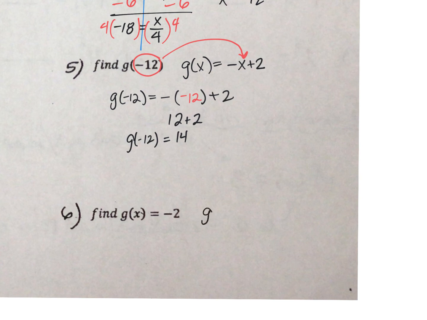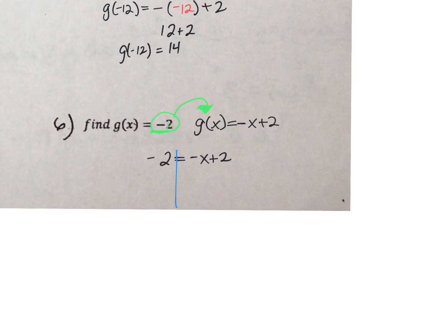All right, so again, we're using g of x equals negative x plus 2. This tells us that g of x is equal to negative 2, so I'm going to put it on that side. On the other side of the equal sign, I'm not replacing the x with it. Negative 2 equals negative x plus 2. How do I solve this?